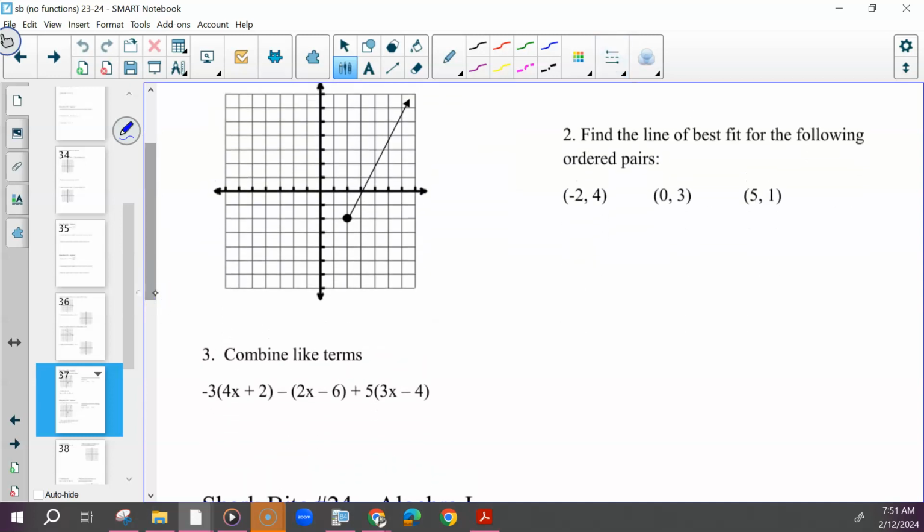Number 2, finding the line of best fit. You could have done this in Desmos or in the calculator. I'm just going to do it in Desmos.